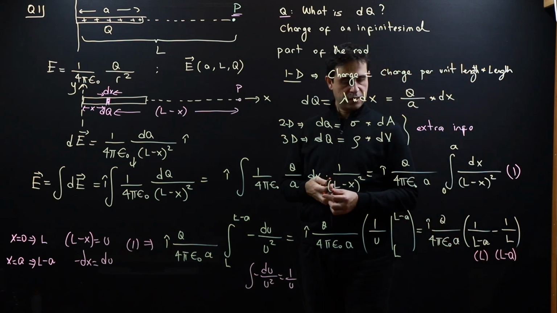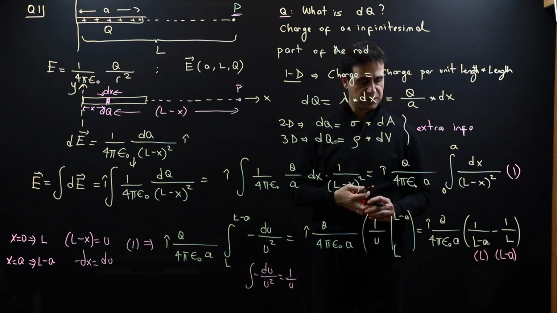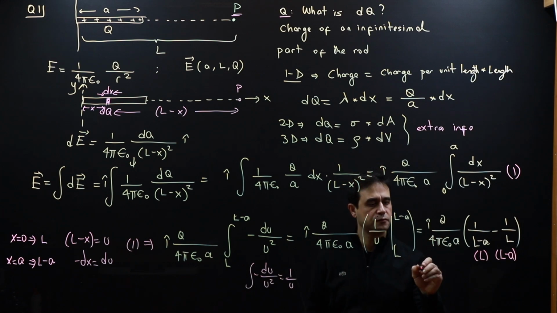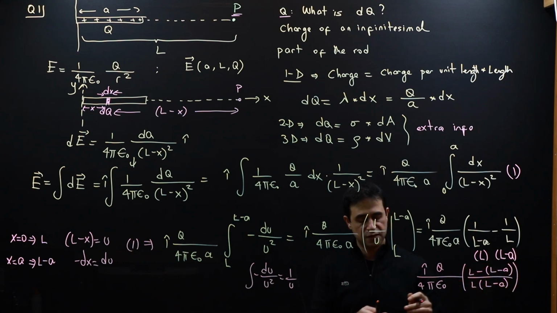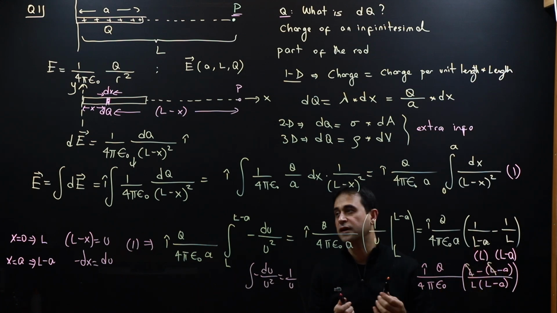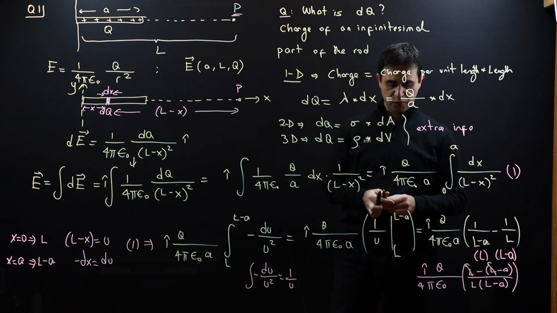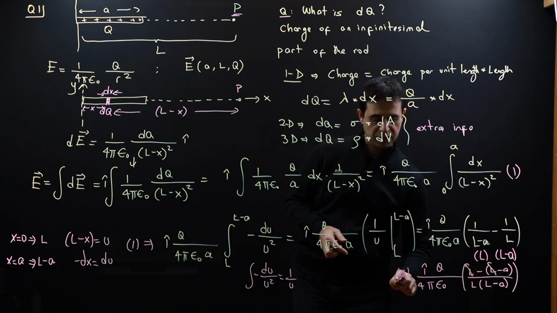If I do that, this becomes i hat q divided by 4 pi epsilon 0 times L minus L minus a, all divided by L times L minus a. So you see that this cancels that, and minus and minus cancel each other, and you get plus. So at the end, I'm going to mark it with a star.